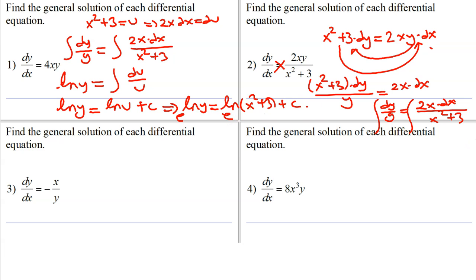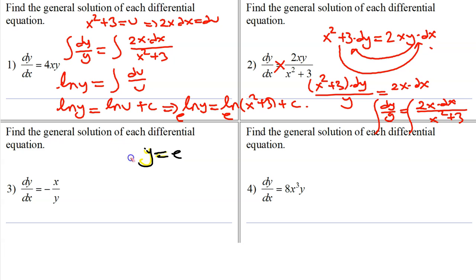So when I exponentiate both sides, what I'm going to get is y is equal to e to the power of, actually, let me erase a bit.